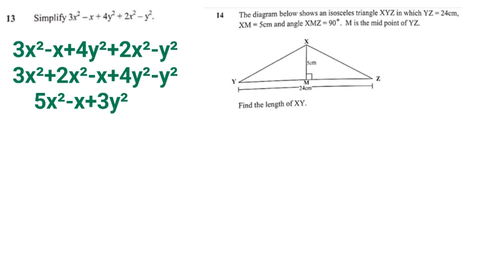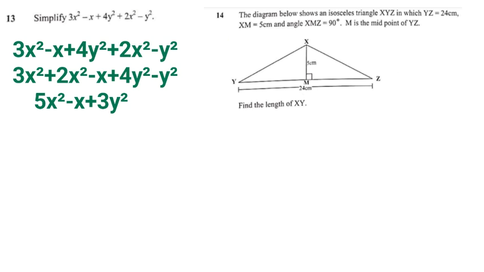Now we go to question 14. Question 14 is: the diagram below shows an isosceles triangle XYZ in which YZ is equal to 24 centimeters, XM is equal to 5 centimeters, and angle XMZ is equal to 90 degrees.